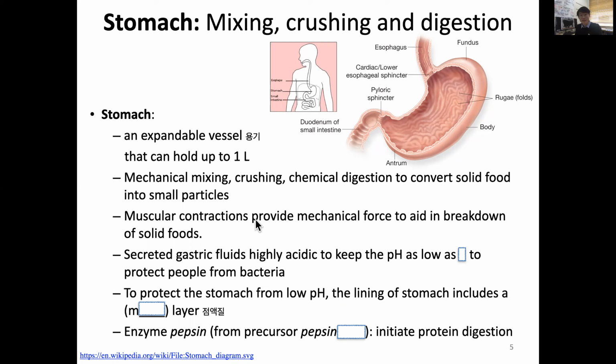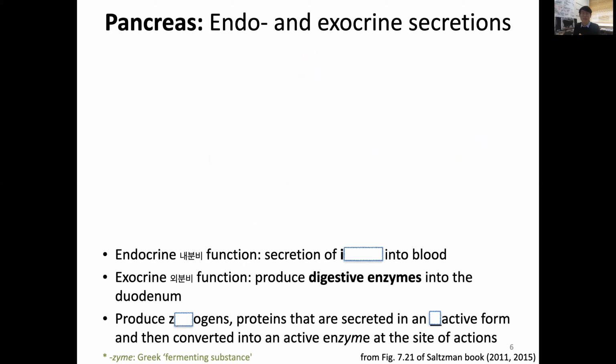So now think about the pancreas. So we hear a lot about the pancreas, especially pancreatic cancer, which is a very, very deadly cancer because a patient can live only less than 1.5 years after it's diagnosed. The reason is that it's inside, so it's hard to know the symptoms at an early stage.